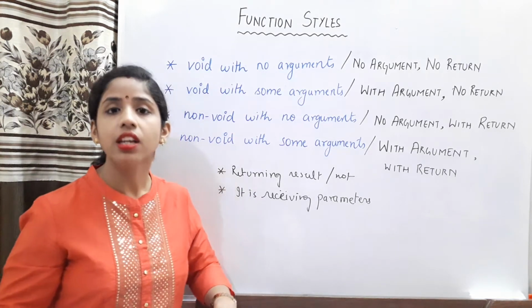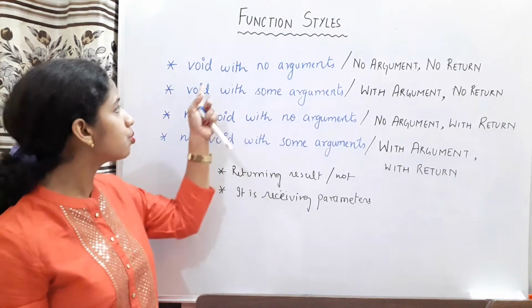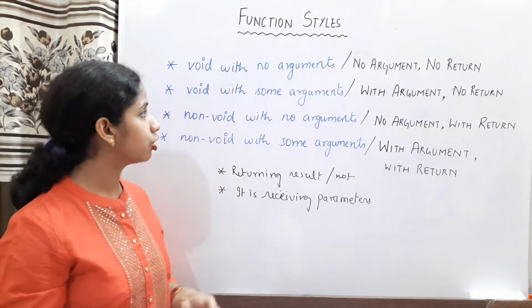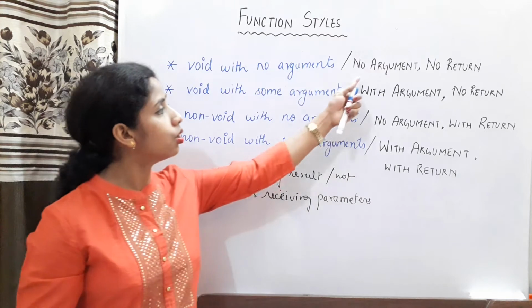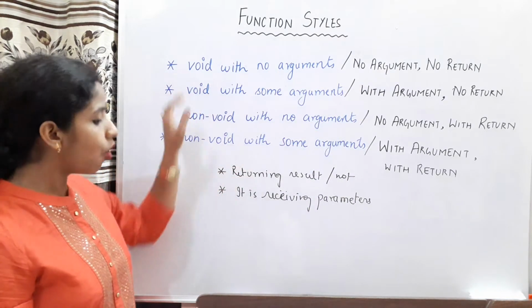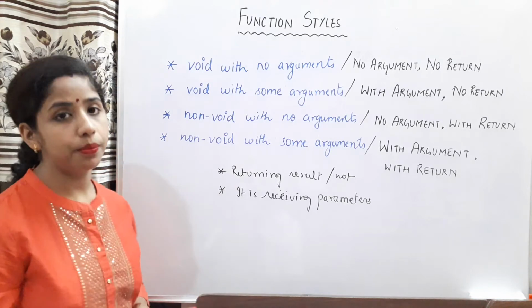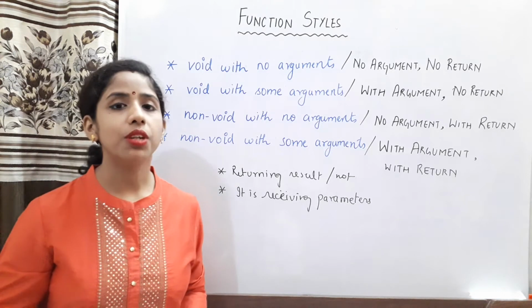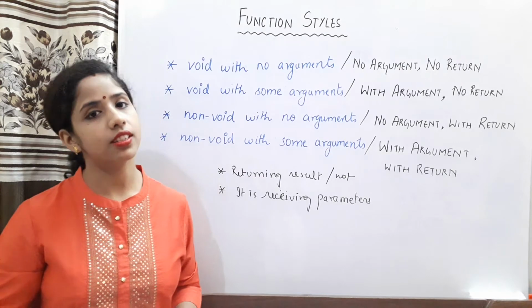So these are the 2 parameters with the help of which these 4 categories or styles of defining functions are designed. The first one is void with no arguments, which is also called no argument, no return. The word void means empty, and this means the function will not return any result.